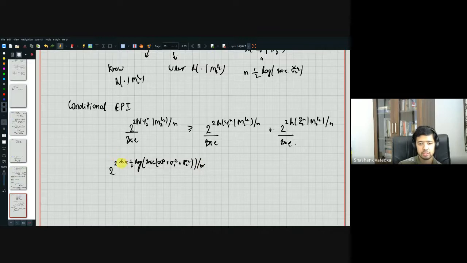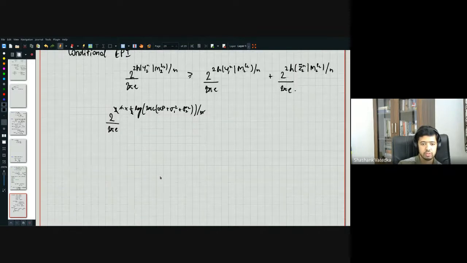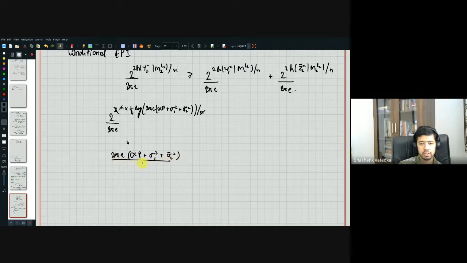So the n cancels, the 2 and 2 cancel, and 2 raised to the log of something is just the quantity itself. So this is equal to 2 pi e times alpha p plus sigma 1 square plus sigma 2 tilde square, divided by 2 pi e. That's the left hand side.